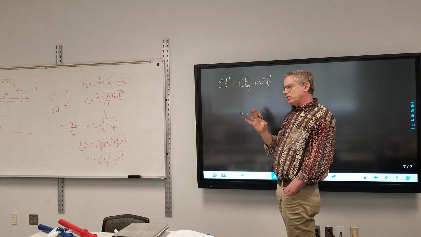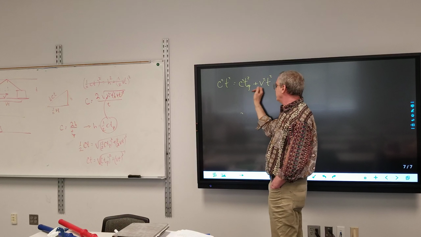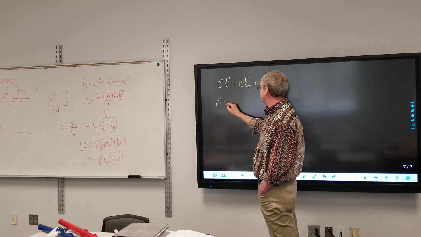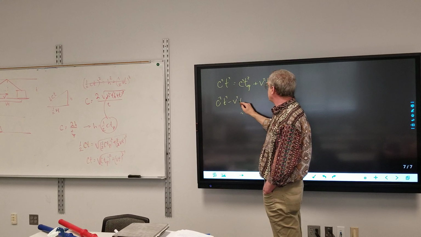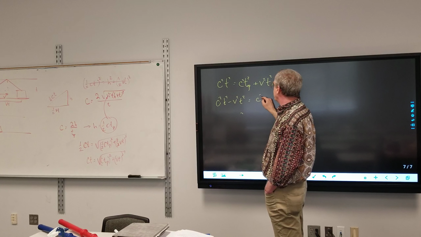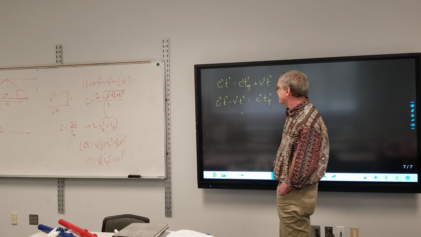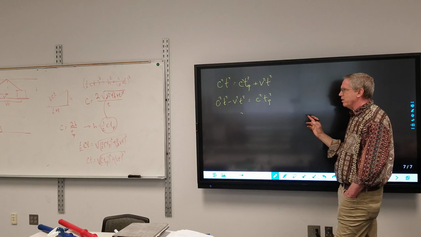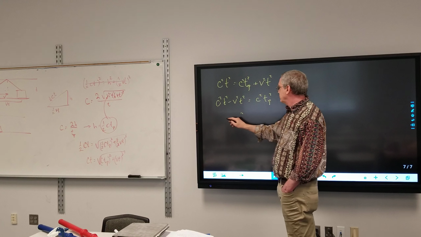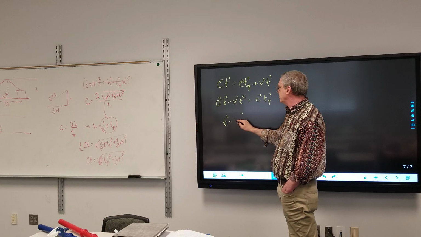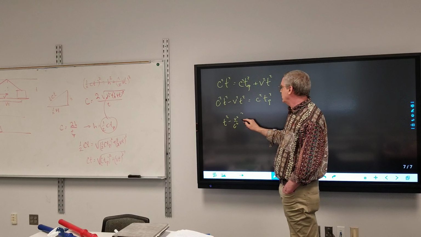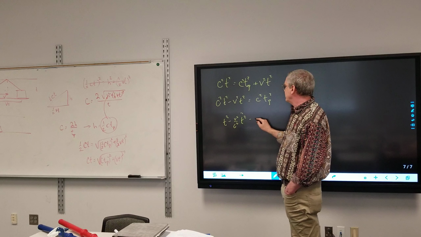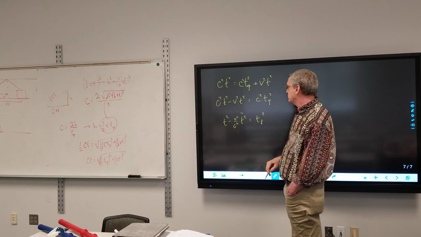I want a relationship between the times, so I'm going to subtract this over to the other side, so I get c squared t squared minus v squared t squared equals c squared tp squared. Because I know what the final form is that I want, I'm going to divide by c squared. So I'm left with t squared minus v squared over c squared t squared is equal to tp squared.